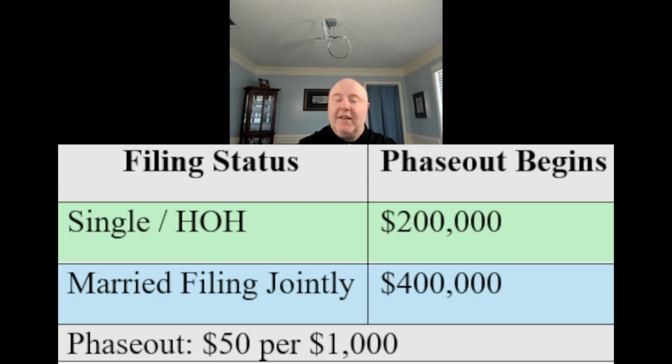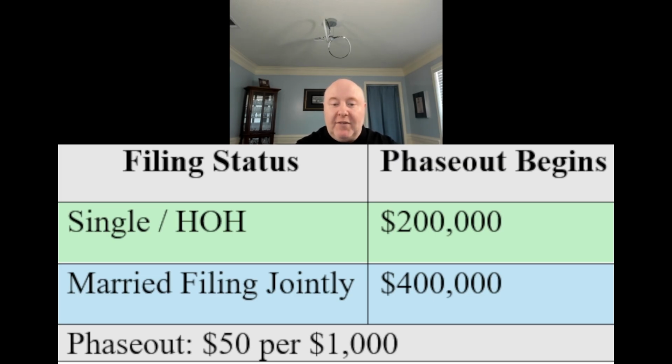So the phase out, it's not a cliff in the situation. It's not like, okay, I'm single, my amount is going to be $201,000, I get nothing. What happens instead is it's a gradual phase out, and it phases out at $50 for every $1,000 that you're over the phase out amount.